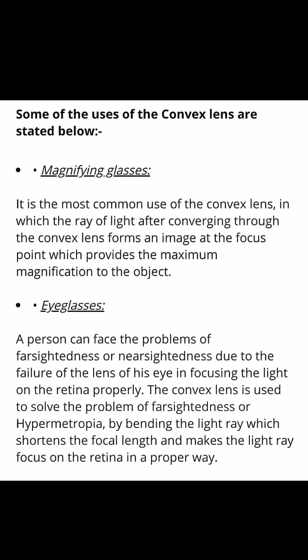When we read the newspaper, in earlier days we used the magnifying glass to see the magnified, enlarged size of the letters. So it helps us to read the newspaper. Nowadays we use spectacles having concave lens, convex lens, sometimes a combination also. So one of the simplest uses of a convex lens is in a magnifying glass.